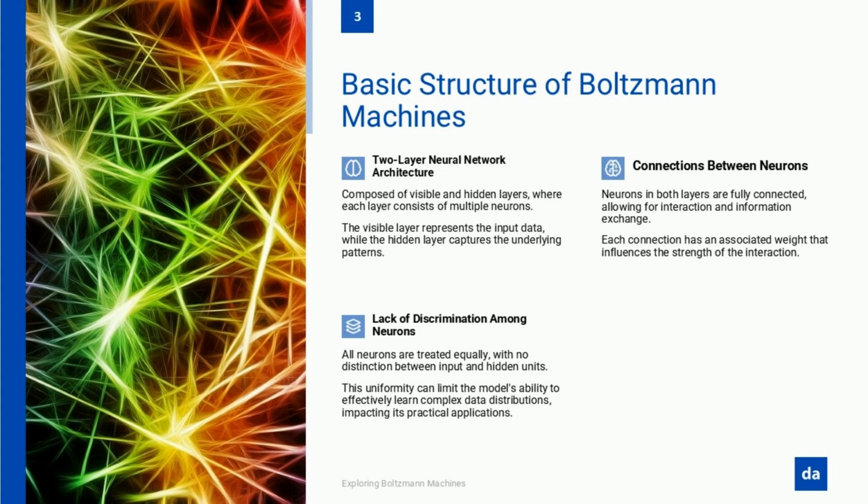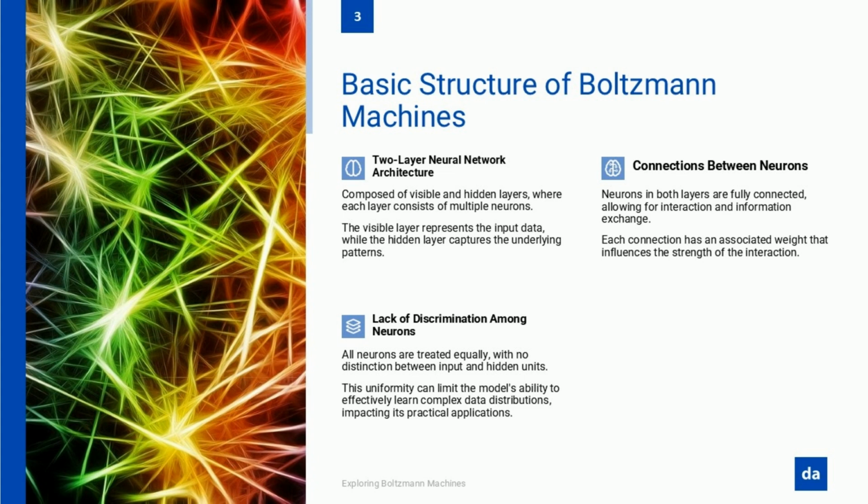This process allows it to learn the underlying distribution of the input rather than just mapping inputs to outputs like traditional neural networks. However, because every neuron is connected to every other neuron, training can be computationally expensive and time-consuming.